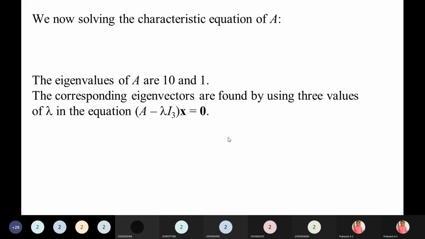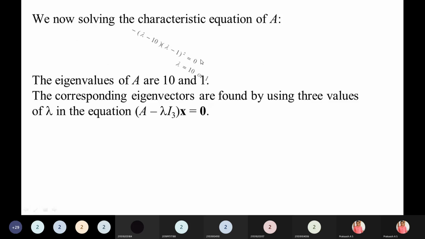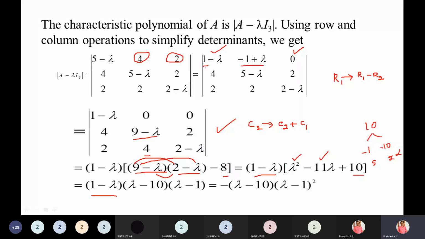Now, we solve the characteristic equation of A. This is the characteristic expression.